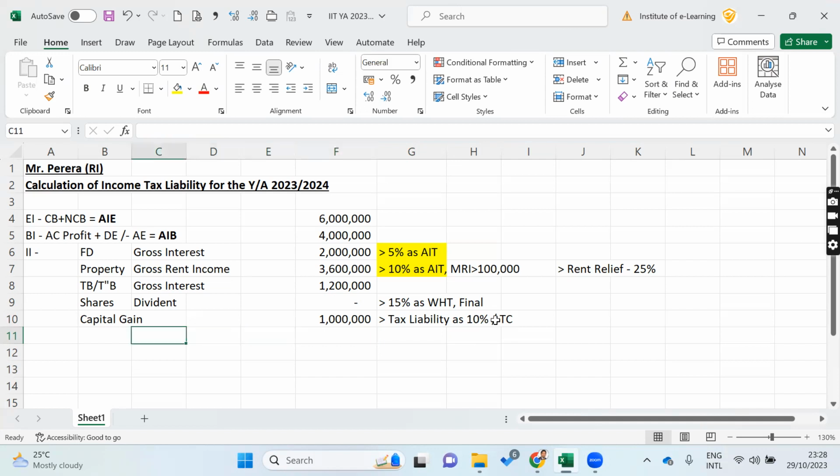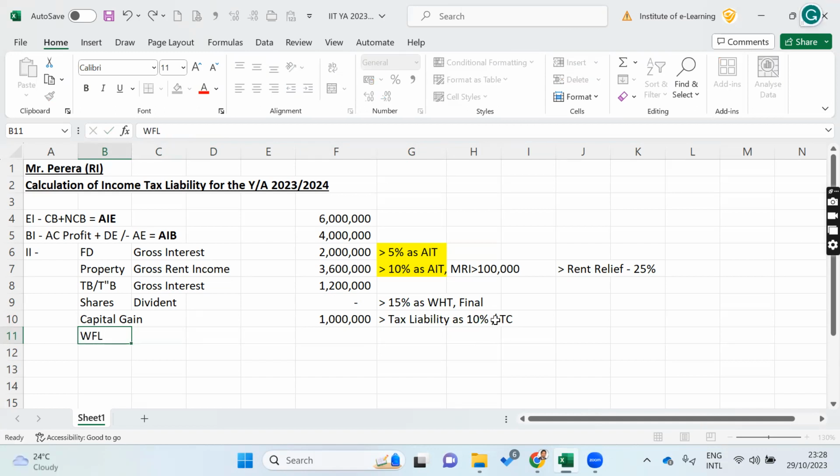Then, if you have winnings from lottery, that also becomes final tax. If the winning prize is more than 500,000, 14% withholding tax is deducted.